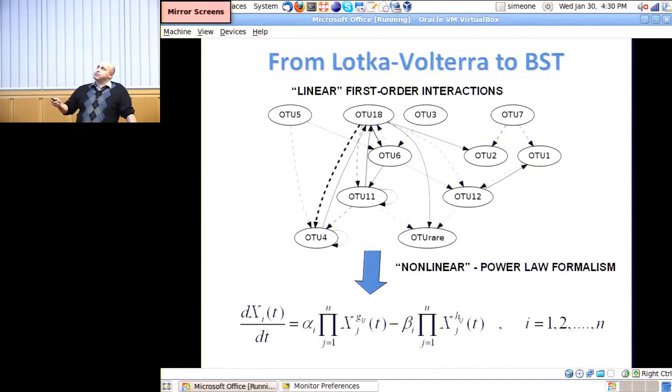OTU1 has a positive influence by OTU12. So here we will have the OTU1 that has a growth because the microbe can grow, plus there's going to be another power law component, OTU12, that is positively impacting OTU1. And here we're going to have OTU7 that is negatively affecting OTU1. It's going to be in this term, which is the degradation. And that's all we're going to put into the model.